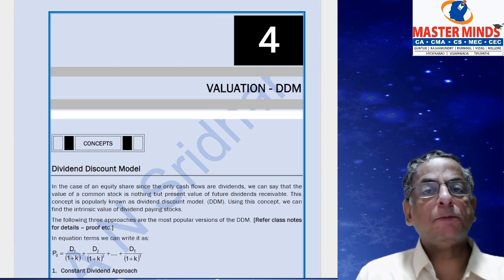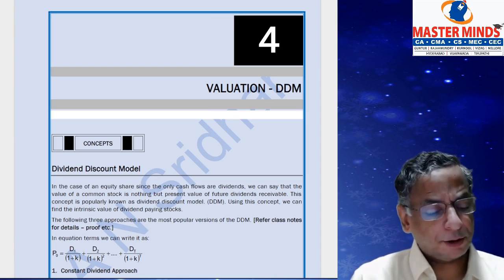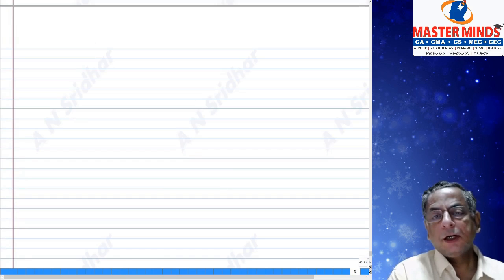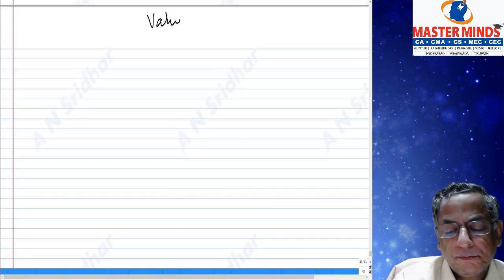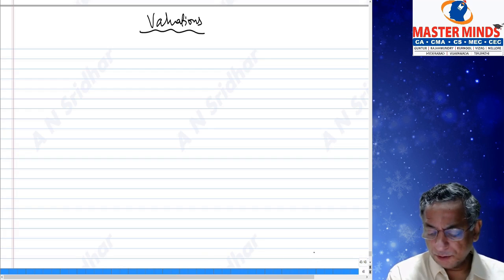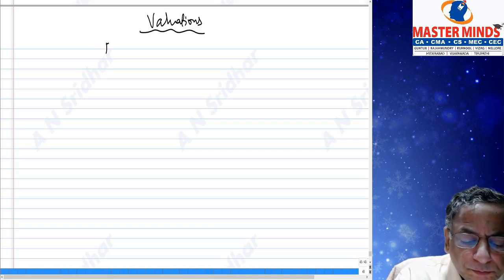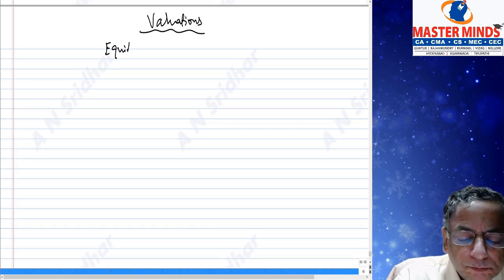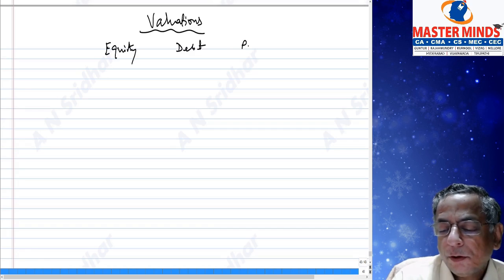We move on to the next chapter, that is valuations. See, valuation is a very important chapter. In fact, if you see the entire valuations syllabus framed by the institute, it is covering equity, debt, preference.